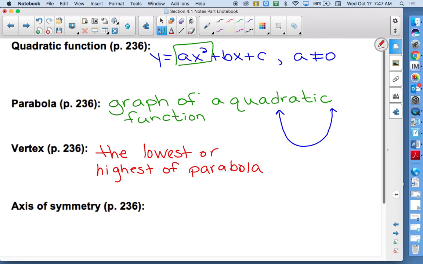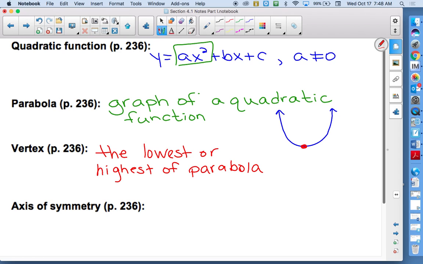We already worked with the vertex of an absolute value graph, and it was the lowest or highest point of the V. So the vertex is the lowest or highest point of the parabola. And it'll be at the bottom of that U part.